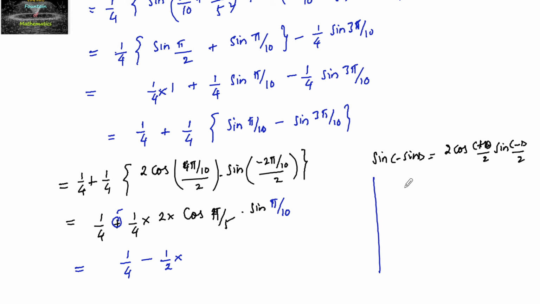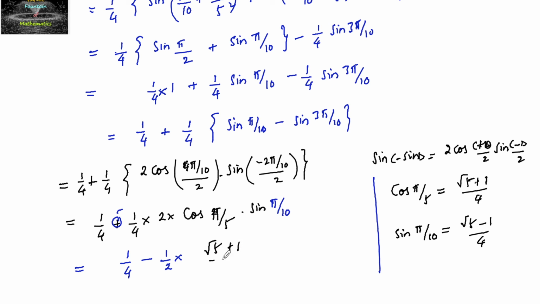So which equals 1 by 4 minus 1 by 2 times, and since we know, from the multiples and submultiples concept, that cos pi by 5 value is root 5 plus 1 by 4, and sine pi by 10 value is root 5 minus 1 by 4. So let us use these two values: root 5 plus 1 by 4 into root 5 minus 1 by 4.